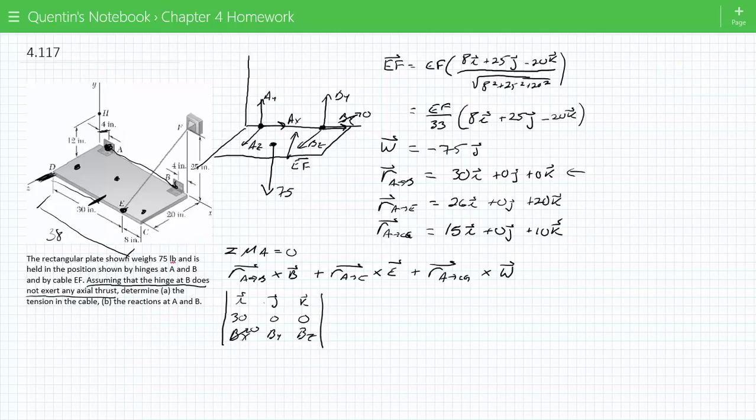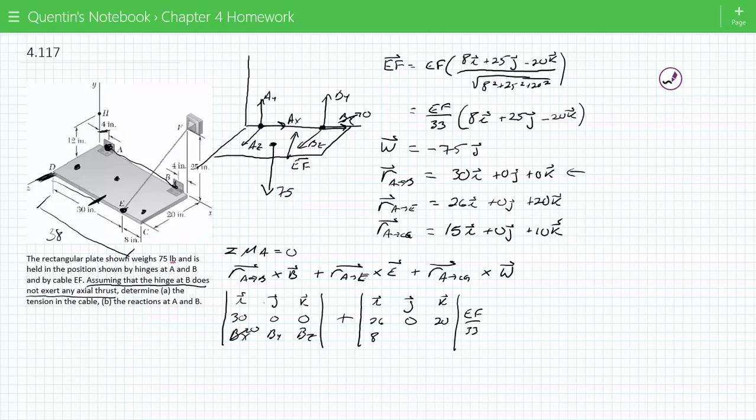Okay, fair enough. Now plus our next determinant I, J, K. Our R from A to E is 26, 0, 20. And our force at E, I'm going to put EF over 33 outside the determinant because it's a little too complicated to put in there.